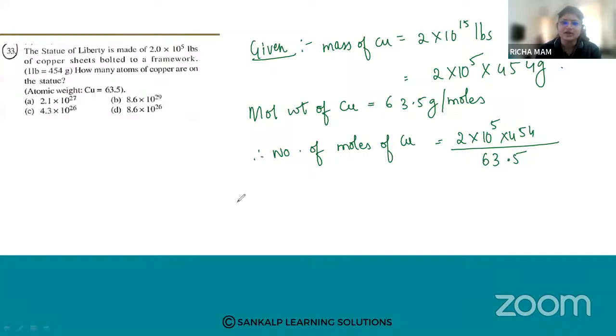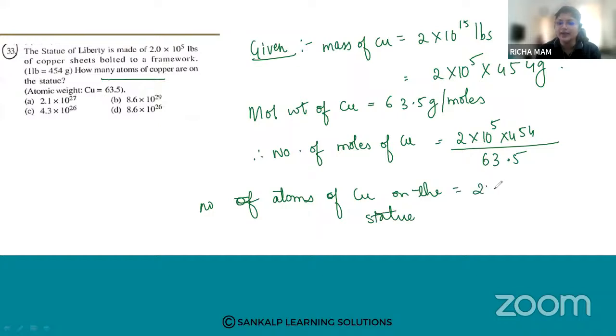Therefore, the number of atoms of copper on the statue: we have to multiply it by Avogadro's number, 6.023 into 10 raised to 23.